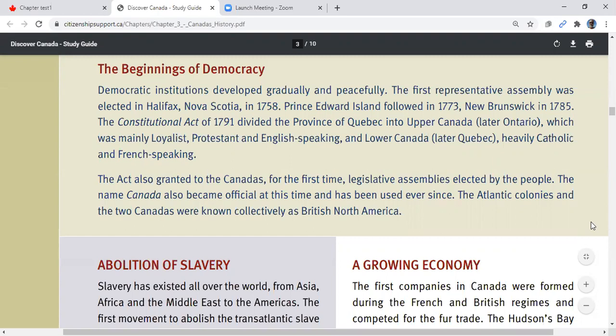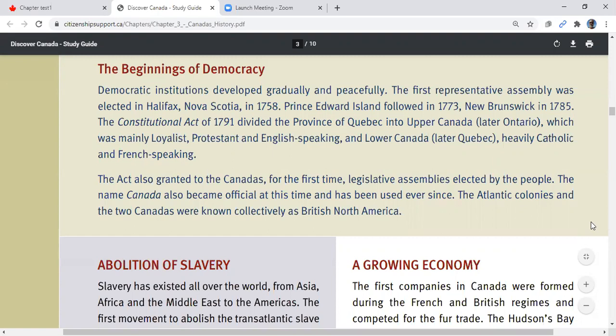Good. Could you stop there? That's good. So usually they will ask a question about this because this is important. When did Canada start having democracy? When were we allowed to vote in government?